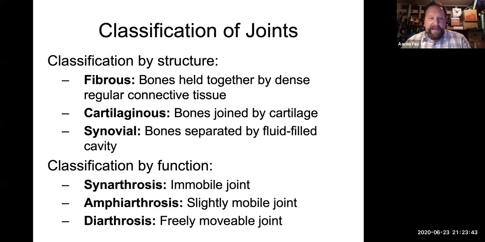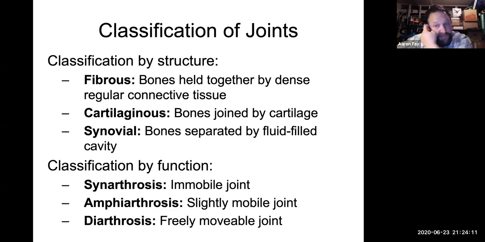They can be held together by cartilage. That would be a cartilaginous articulation, so you would find cartilage in between the 2 bones. Or a synovial articulation, which means you're going to have a fluid-filled joint cavity filled with synovial fluid. So you could say structural classification or anatomic classification of articulation: fibrous, cartilaginous, and synovial.